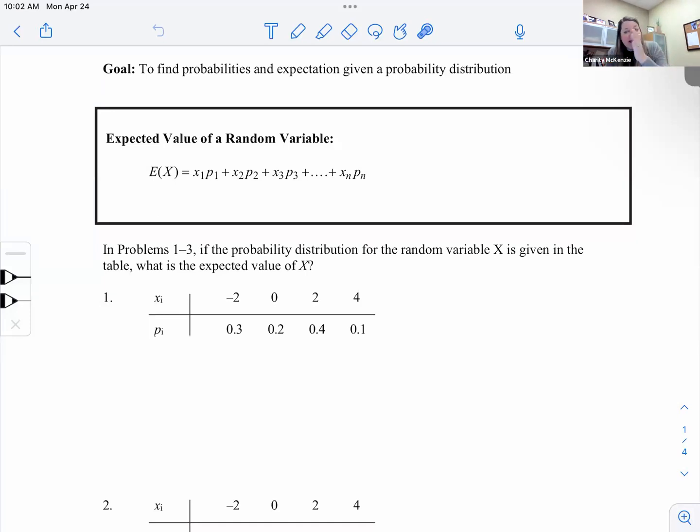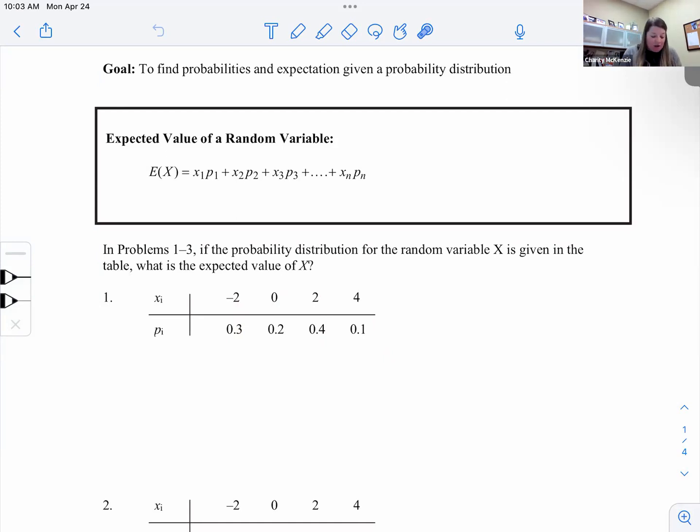You have every case taken care of. So they have a -2, a 0, a 2, or a 4. Maybe you pay in $2 for this raffle and you could win nothing, you could win $2 or you could win $4. Pretty basic.